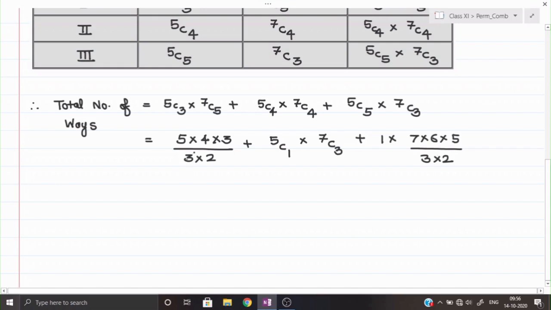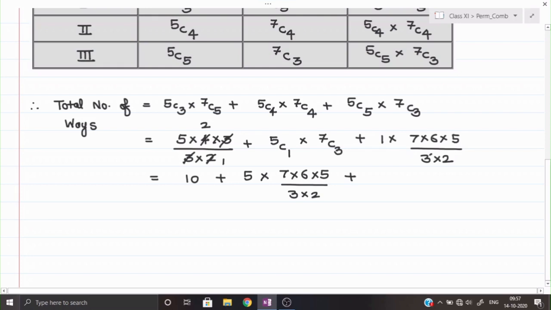Now do the cancellation wherever possible. 3 and 3 cancel, 2 ones are 2, 2 twos are 4, so here it will remain 10. Okay, 5C1 is equal to 5. Now you know that NC1 is equal to N. 7C3 will come the same as we have written at the last, 7 into 6 into 5 upon 3 into 2, plus.